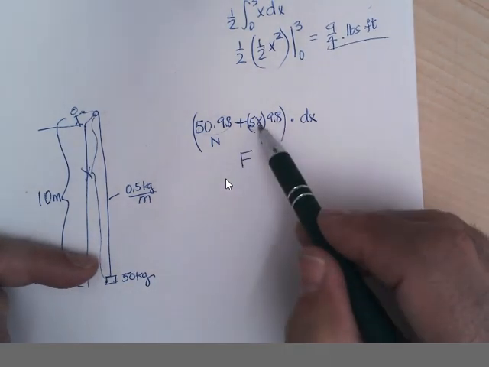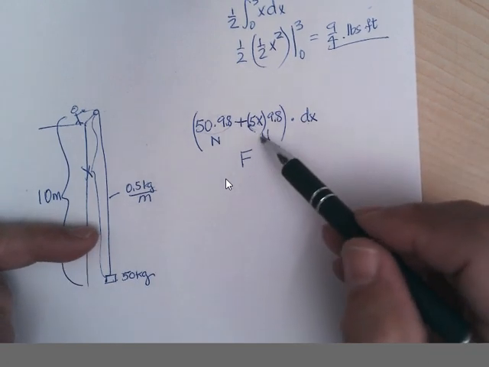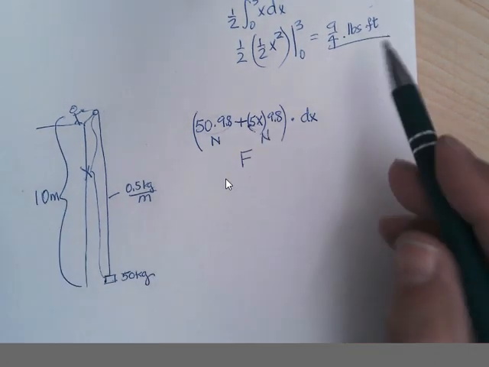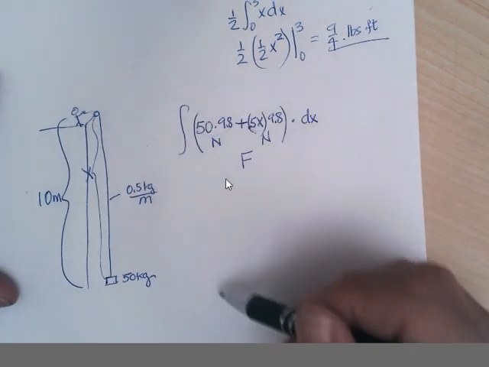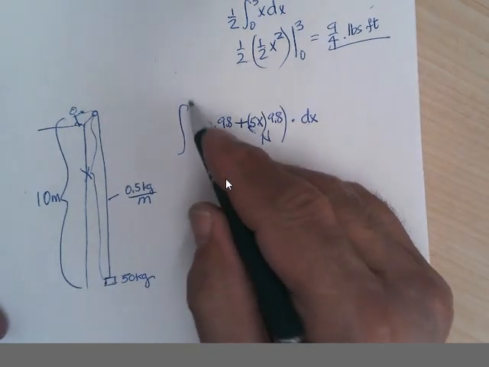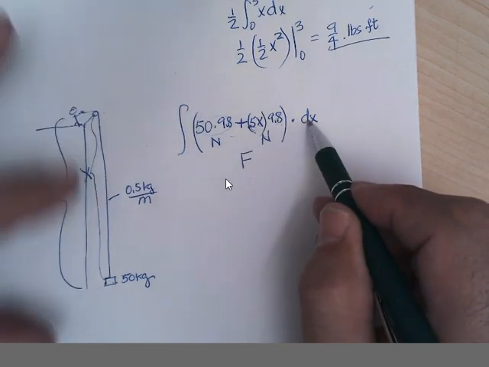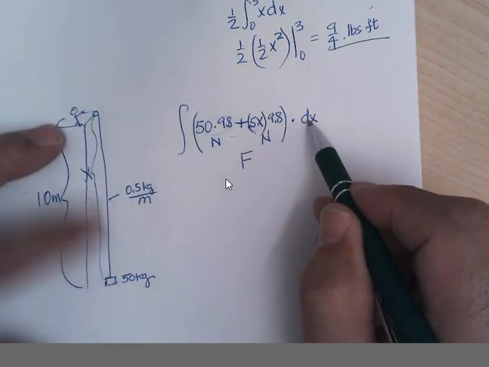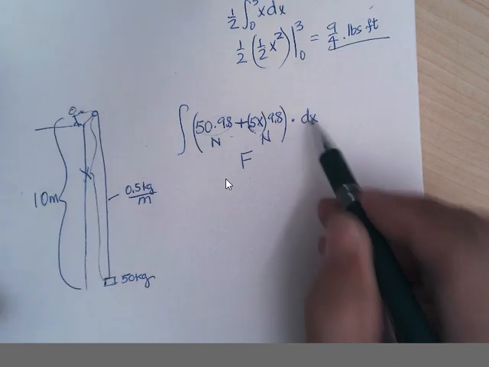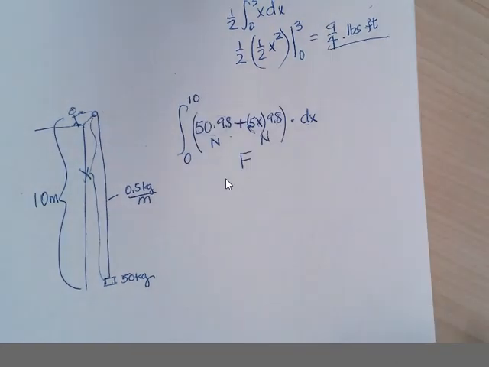Then it's going to change, so I'm going to recalibrate and lift it a little bit, and recalibrate and lift it a little bit, and so on. So I'm going to add up all the work to lift it all the little bits that'll get us from 10 to 0, but let's just go the other way, 0 to 10, so we get a positive answer.